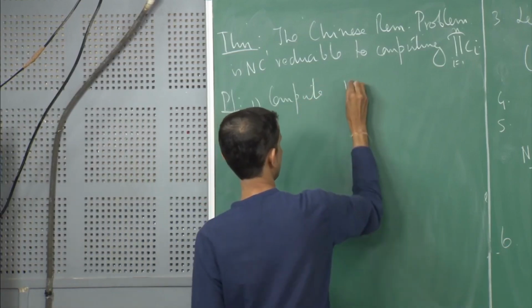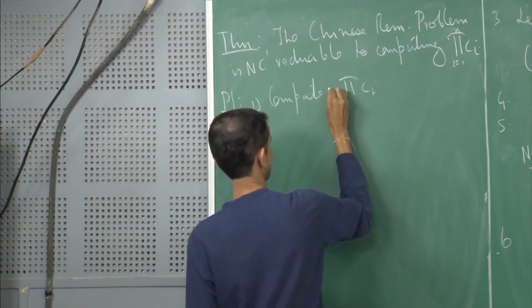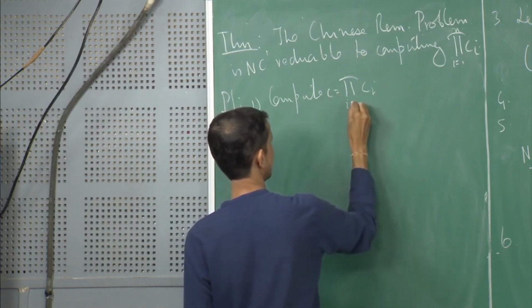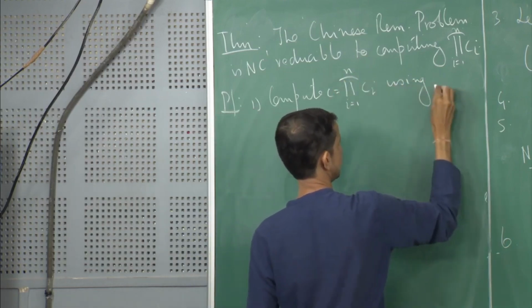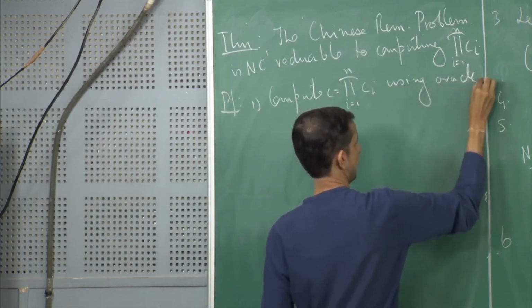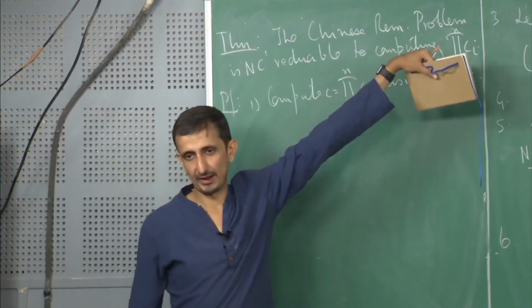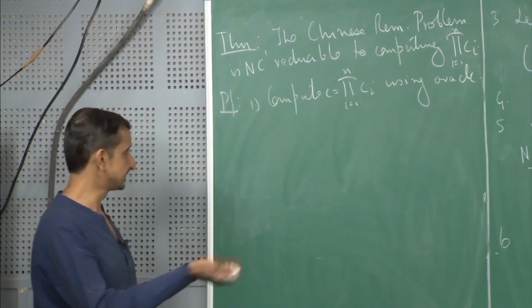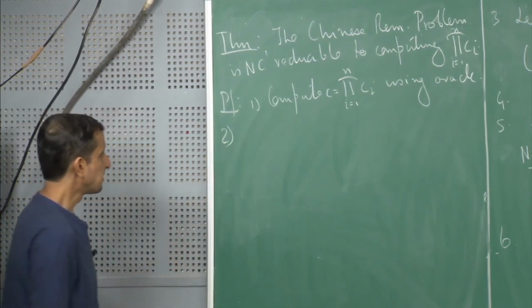So first we compute the product of Ci, so let's call it C, using my oracle. So this is the only step where I will be using this oracle. Now once I have computed C, the rest is just all NC1 computation.